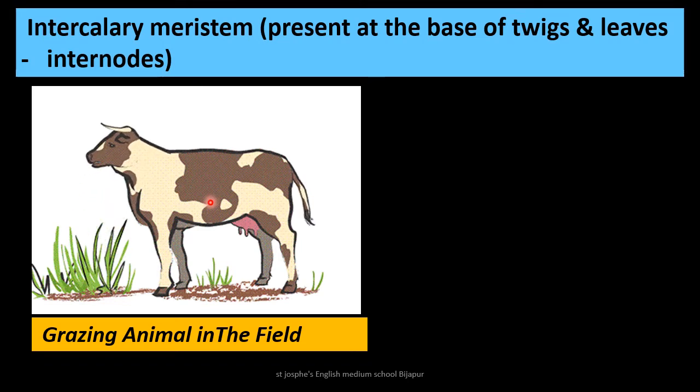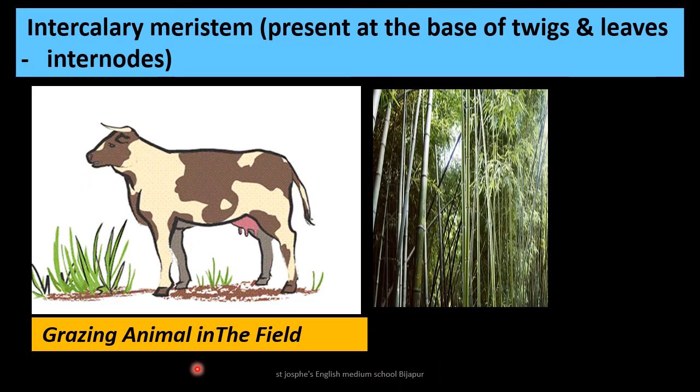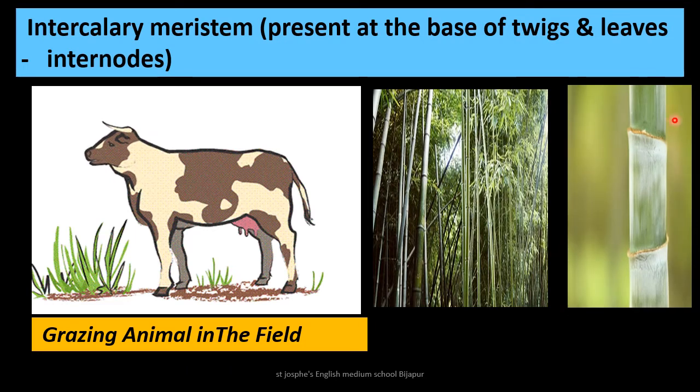Let us see. Let us consider a bamboo plant. See, the bamboo plant has these joint-like structures. These joint-like structures are known as nodes.